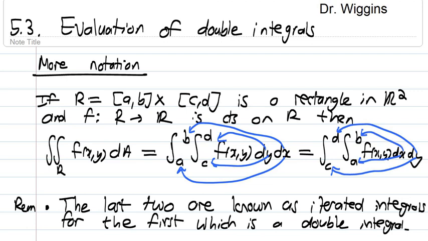So we can either start from x on the outside and then y, or start from y on the outside and then x. So the last two forms are known as iterated integrals because we pick an order, maybe dy then dx or dx dy, and the first one is known as a double integral.